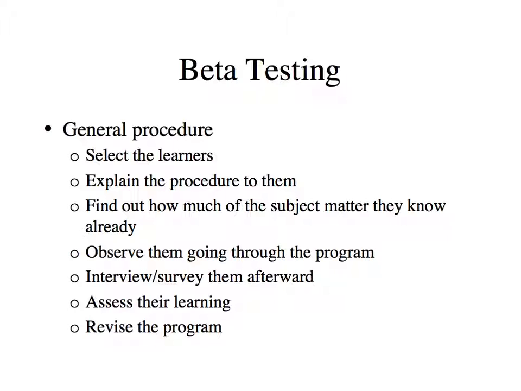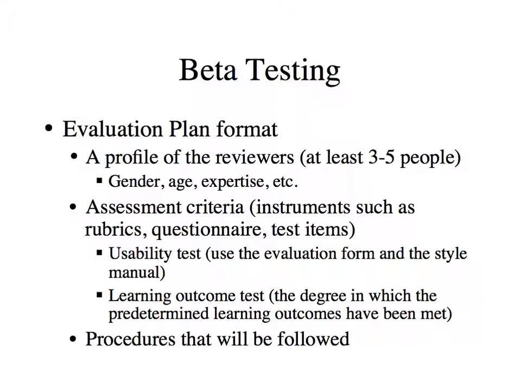Observe them going through the program, so again, you can make judgments about usability. Interview them and survey them afterwards, to also test for usability, to get their feedback on content, but also assess their learning, and then revise the program accordingly. And again, you have a plan and you have a report.